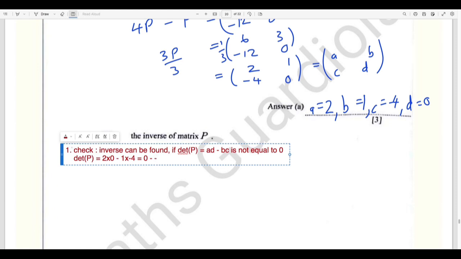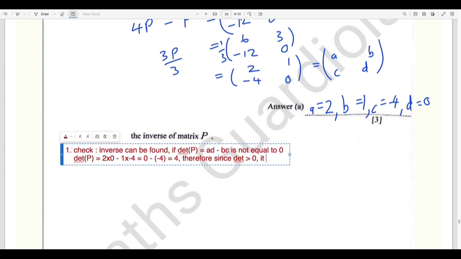Then we multiply A times D, then subtract B times C. So 2 times 0, subtract 1 times minus 4, which is 0 plus 4, giving us 4.